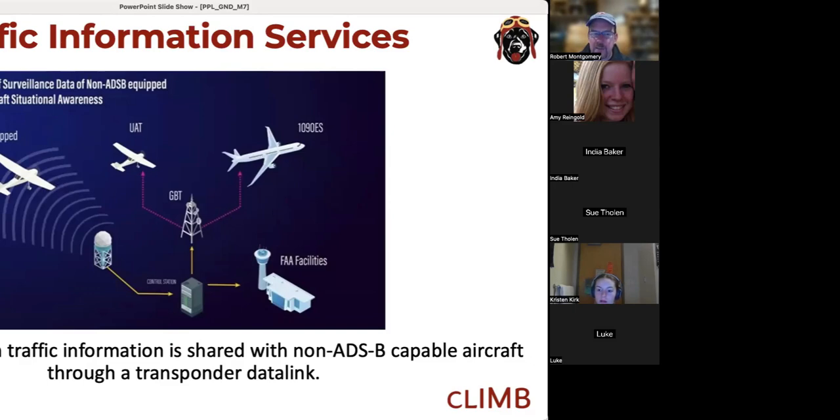TIS-B is the old method that we did before ADS-B, where through a data channel, kind of like part of that Mode S thing we were talking about, ATC is able to send traffic information out to you. And so now you can see on your traffic screen where the other airplanes are. This is kind of falling out of favor because pretty much everybody these days has some sort of ADS-B capability.